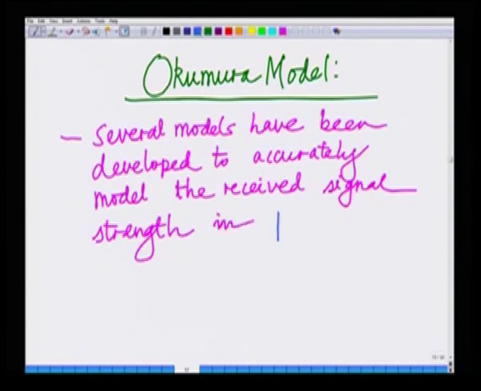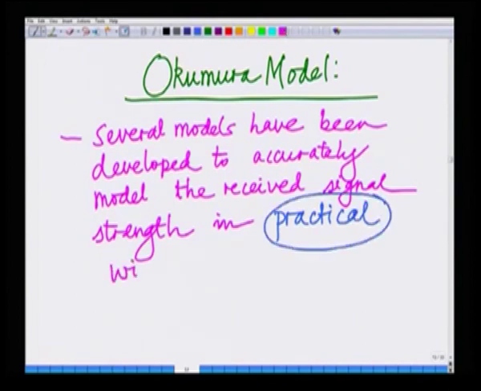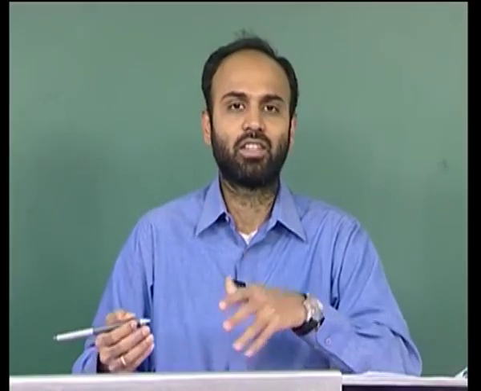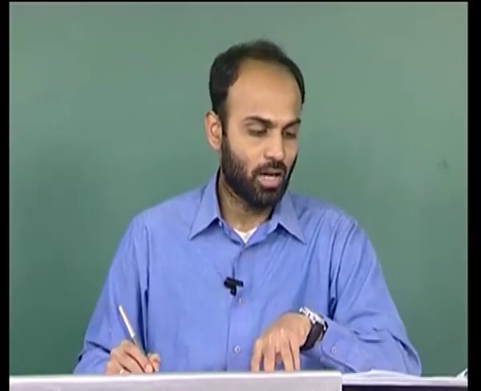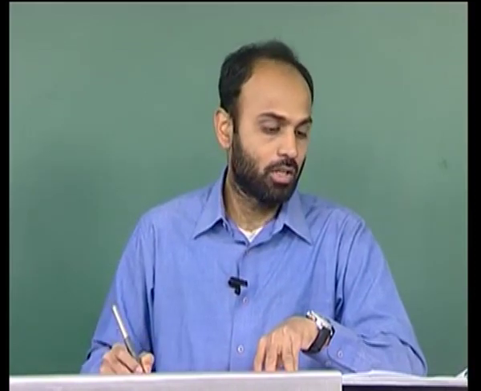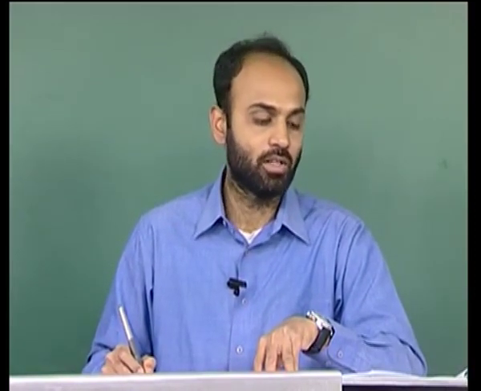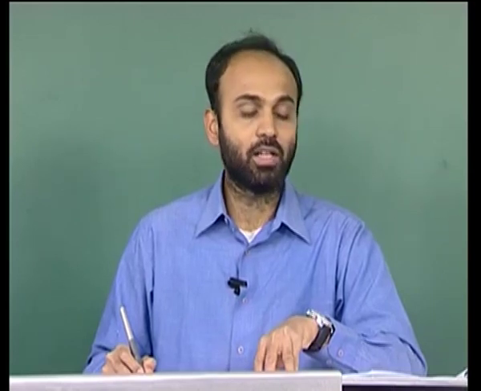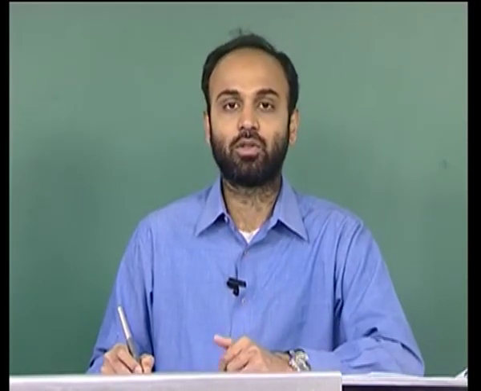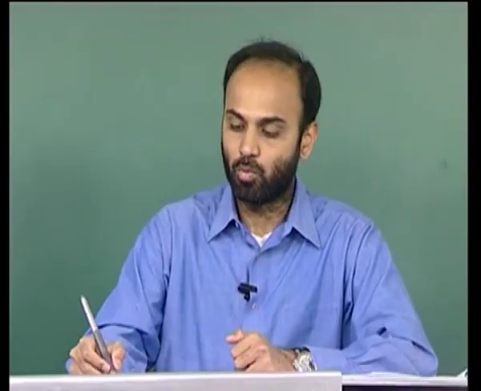The keyword here is practical. These models have been developed essentially to characterize wireless signal strength in practical scenarios, especially cellular scenarios. And the Okumura model is one of the most widely used such models for signal strength prediction in urban and suburban areas. It is one of the more popular models.